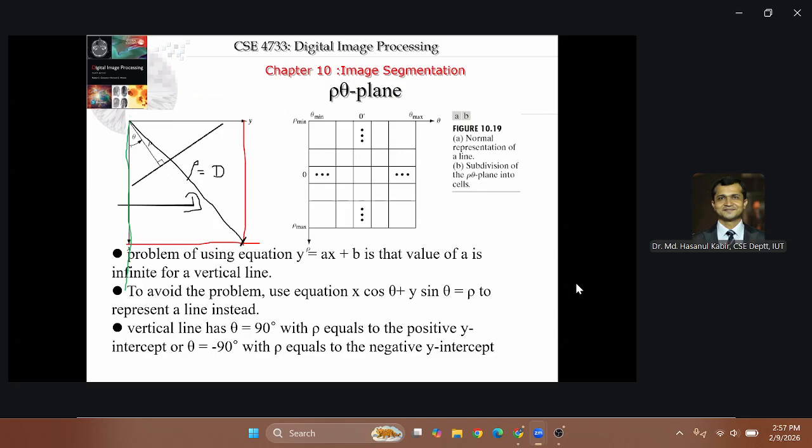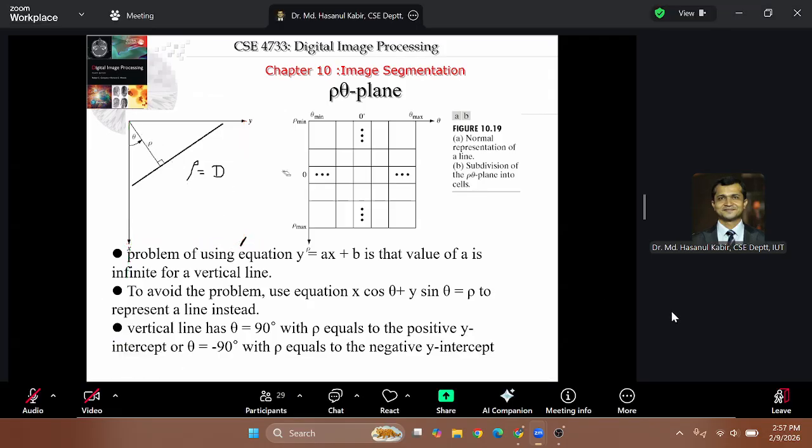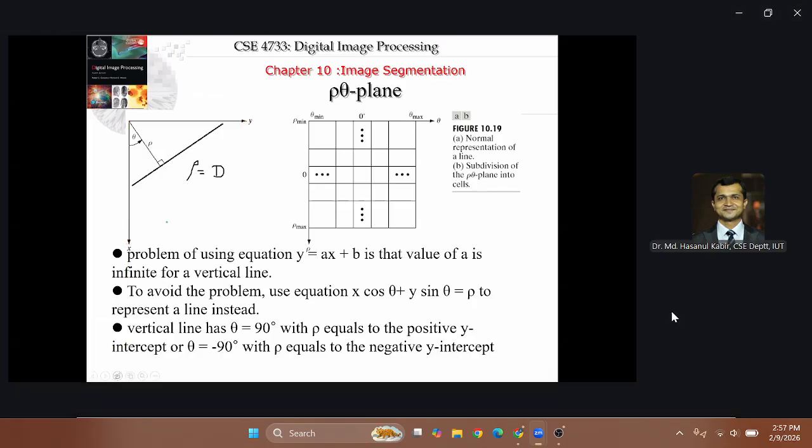So what does theta represent? Theta represents the angle that the line has produced. If you draw a straight line like this, whatever angle it produces with respect to the x-axis is what we have defined as theta.